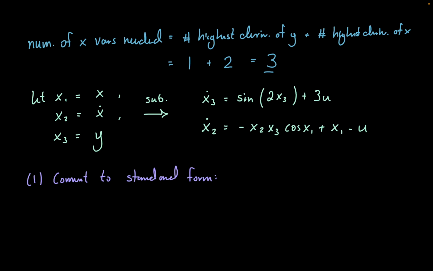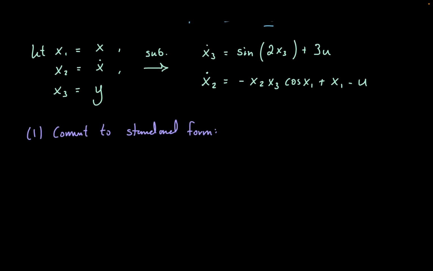We have x2 dot represented, perfect. But we don't have anything to represent x1 dot in our state space form. So it'd be very easy to make that relation between x1 dot and x2, because x1 dot is equal to x2. And then for the other two equations, we can just write those back out. So nothing too crazy.